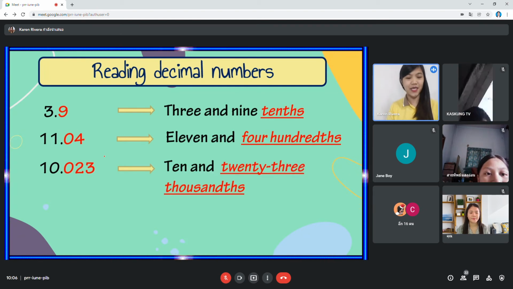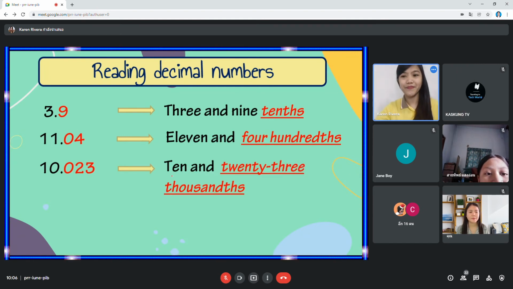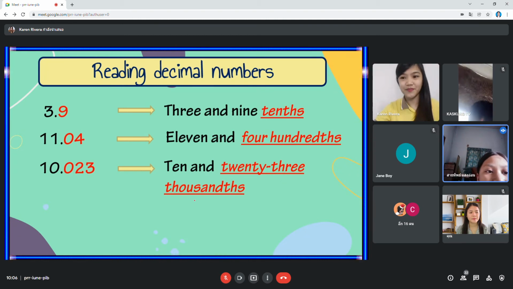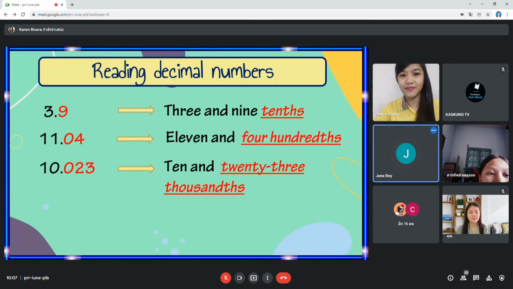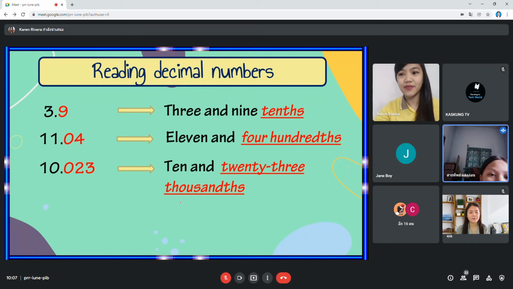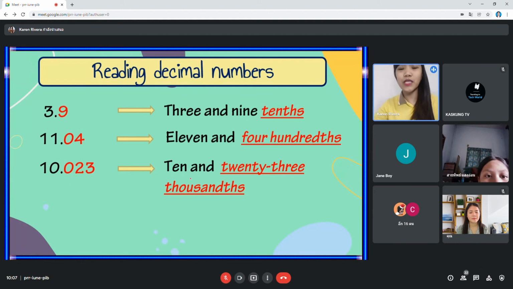Can you read it again? 10 and 23 thousandths. Okay, very good. Now, all group 6, 1, 2, 3, go. 10 and 23 thousandths. You have 10 points.